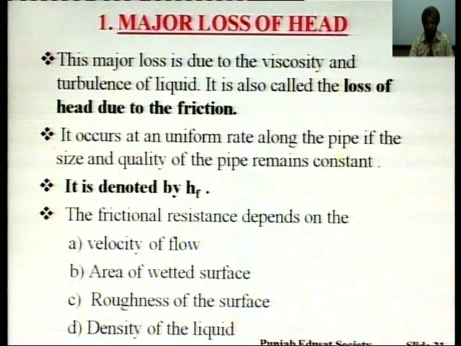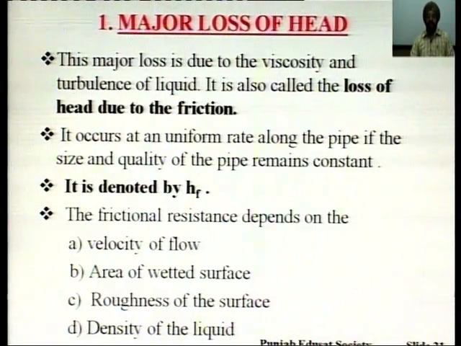The turbulence, as we have just seen, is the zigzag pattern or behavior of a fluid. So, this loss of head due to friction occurs mainly due to the viscosity factor and the turbulence factor.